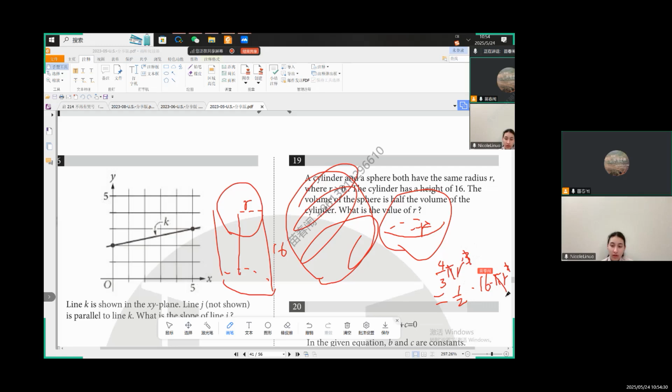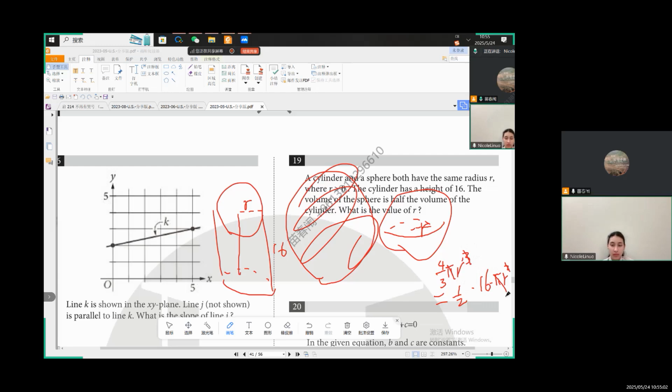So you're using the same way that I do? No, I think I was a little bit confused reading. Oh. So I wanted to make sure. But I have a question. Sure. If the sphere is half the volume of the cylinder, that's why you're doing 1/2, not times by 2, right?